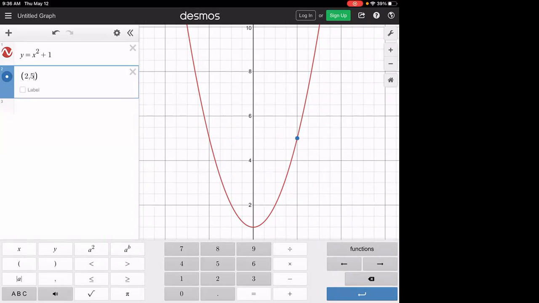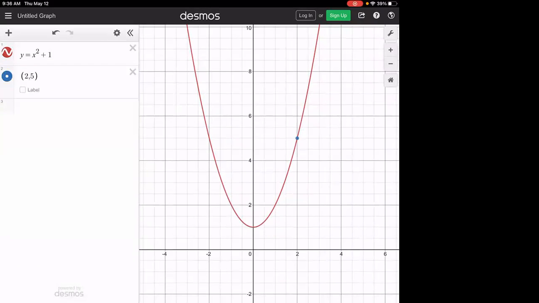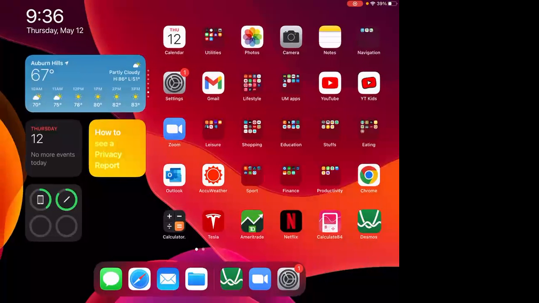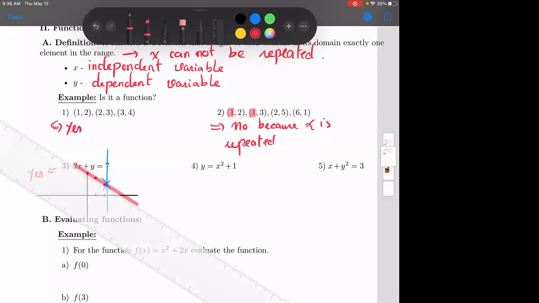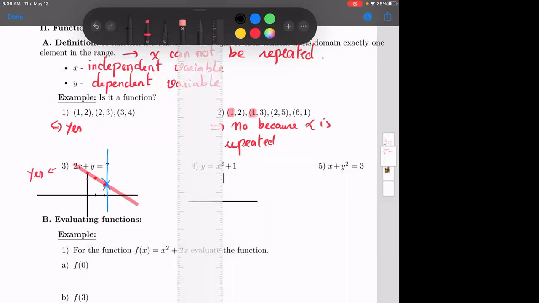So for every x that you pick, you only see 1 y. Or if you draw a vertical line, you can only cut it once. So let me draw it here real quick. It looks like that. I know it's not symmetric, but something like that. So you say yes.